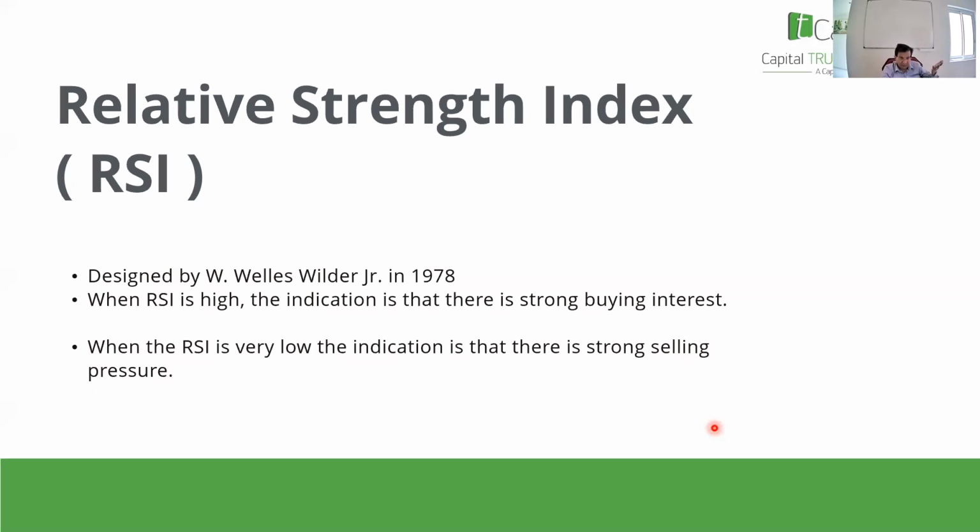When something is popular, you buy it. Of course, there are misled people just selling at high RSI and buying at low. It's not an overbought or oversold indicator. It's a strength indicator, as the name implies, relative strength index. It shows how strong this share is.